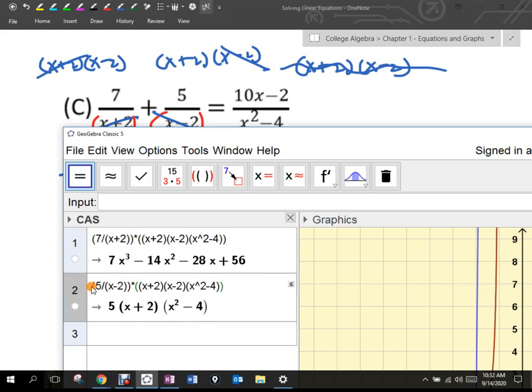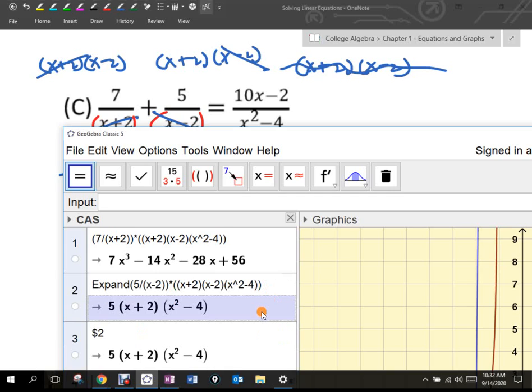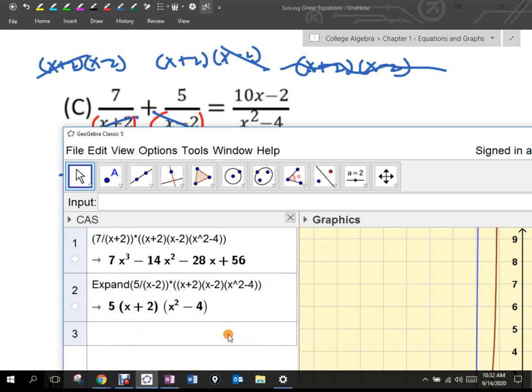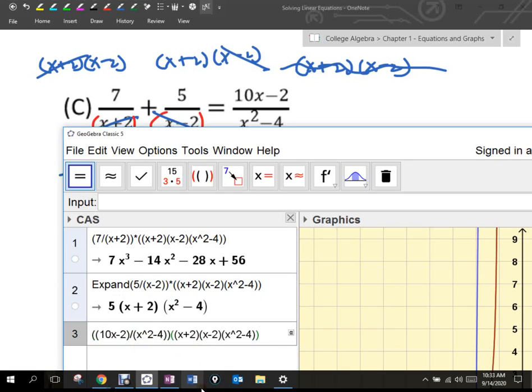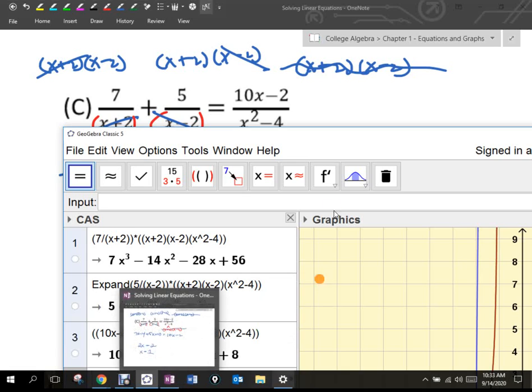So let's go expand. Oh, doesn't do it. All right, so I got that then for the middle term, okay? And then 10x minus 2 divided by x squared minus 4 times that for the last term, okay?